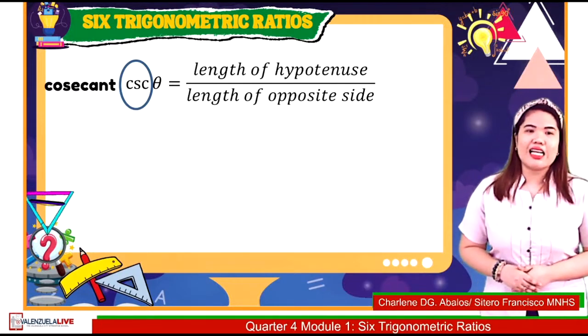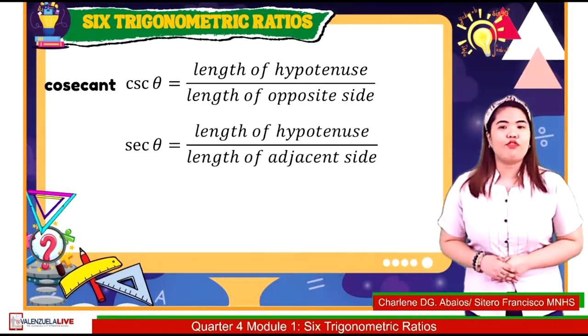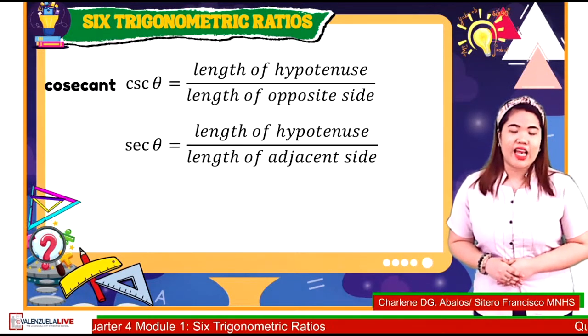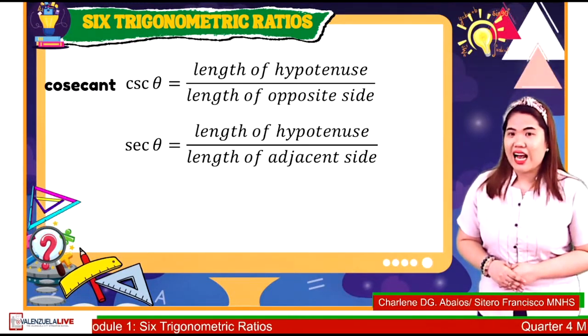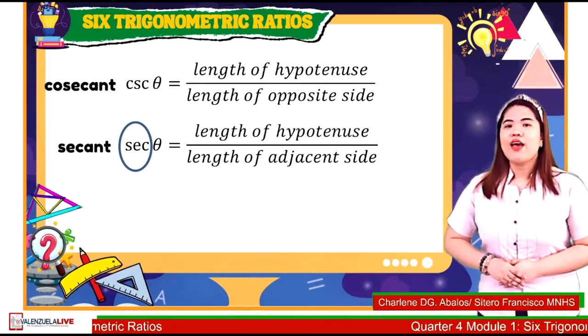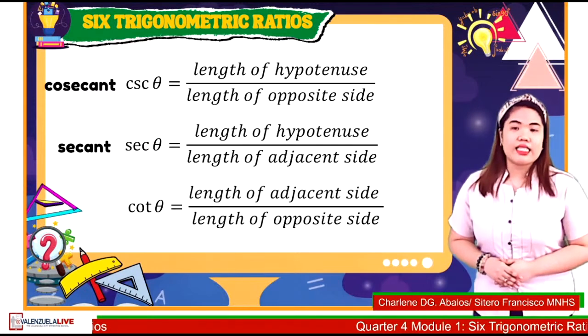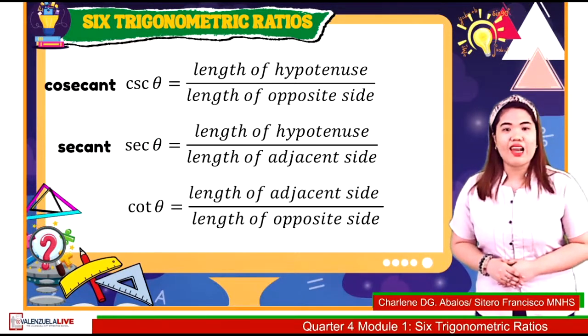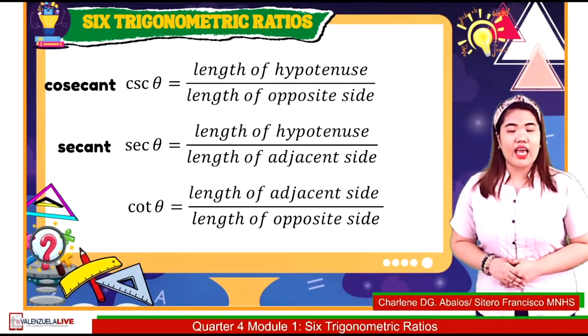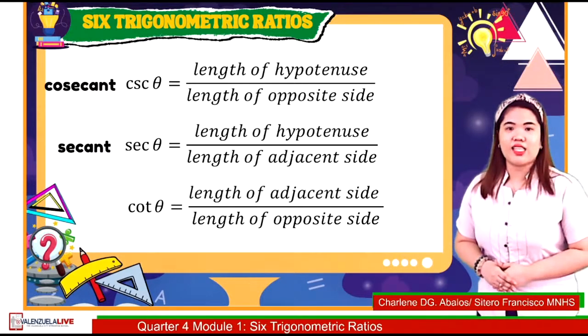Secant theta is equal to the ratio of the length of hypotenuse to length of adjacent side, and it is abbreviated as sec. Lastly, cotangent theta is equal to the ratio of the length of adjacent side to the length of opposite side, and it is abbreviated as cot.